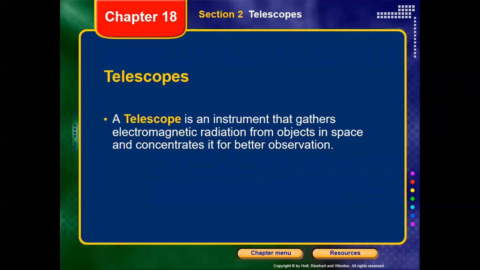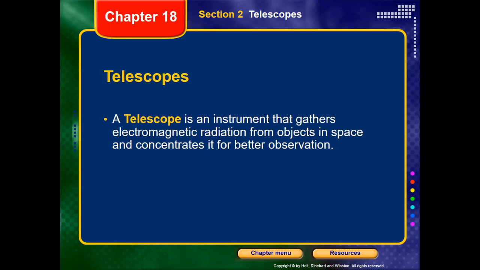First of all, we start with the telescope. If we ask what a telescope is, simply you say it's a device or a tool that is used to study space.